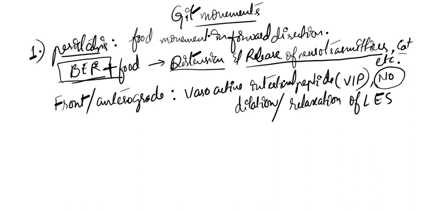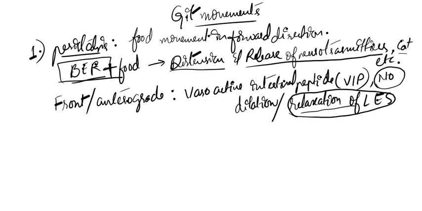So these two cause relaxation of the lower esophageal sphincter. That's why the food can move easily in the forward direction.